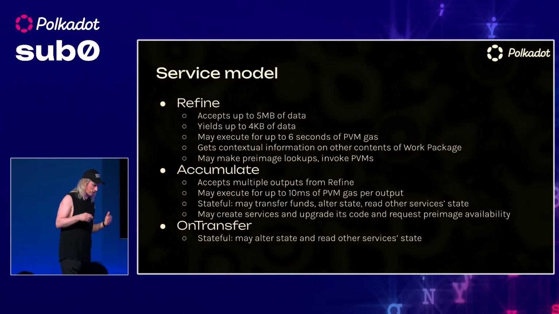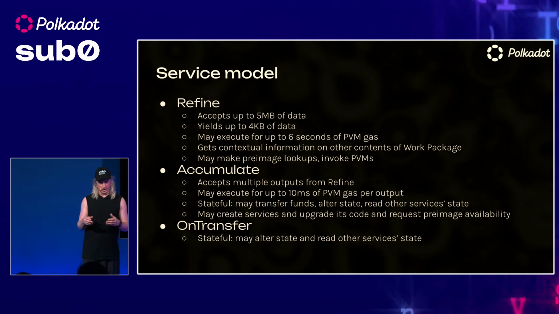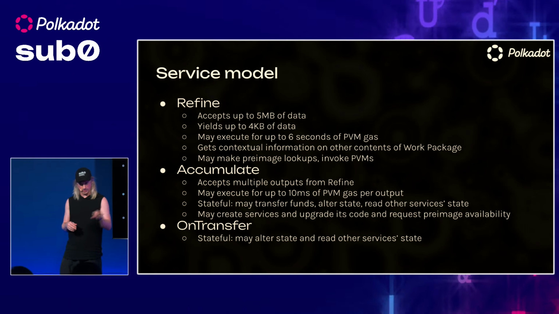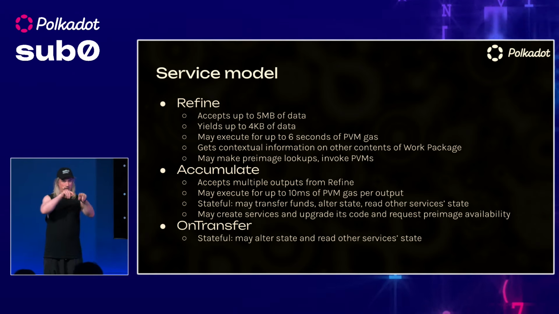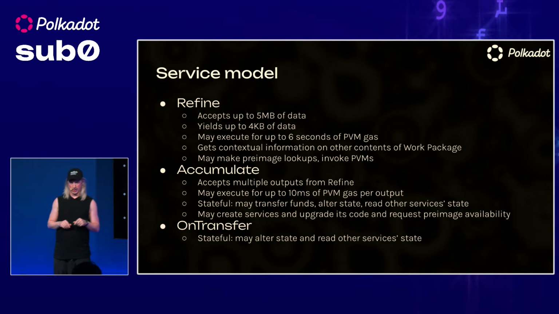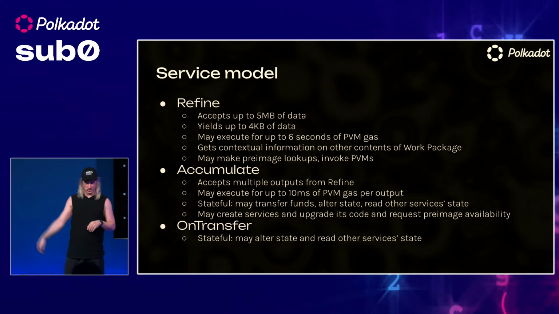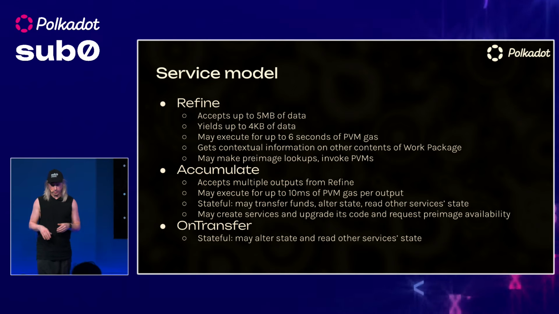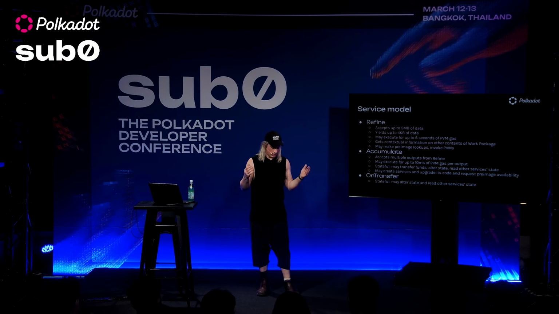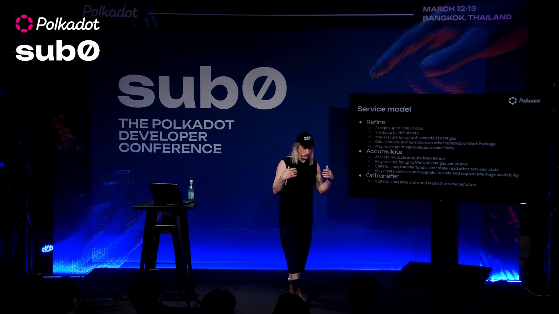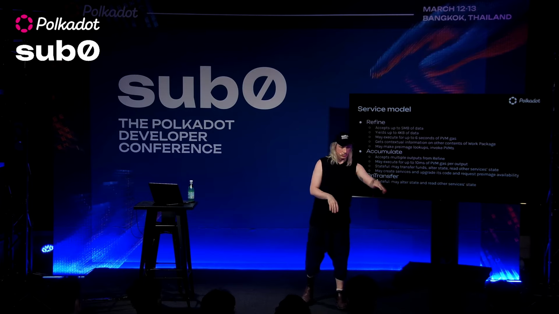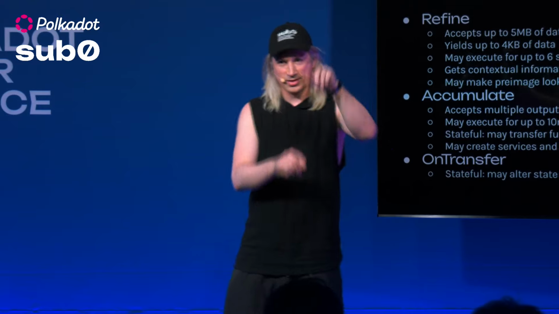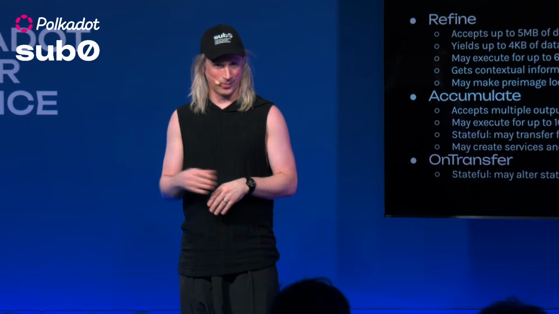Well, it means that you can construct work packages that have multiple work items of multiple services in them, which are codependent. And this then enables certain things like, for example, accords, and the ability to have one service, like some sort of EVM service, interact synchronously with a parachain.